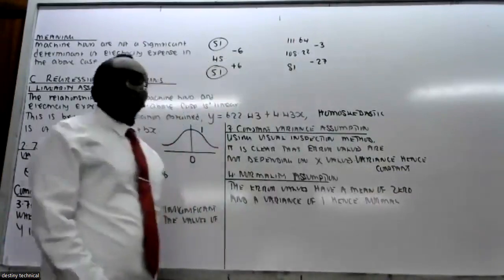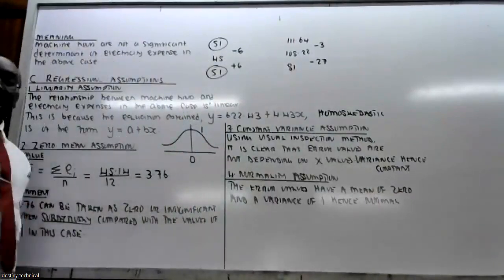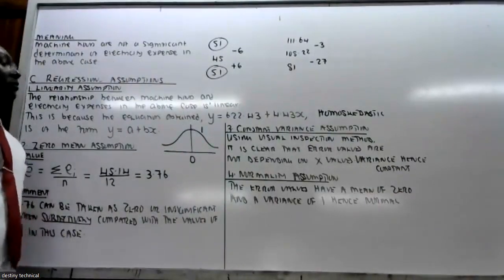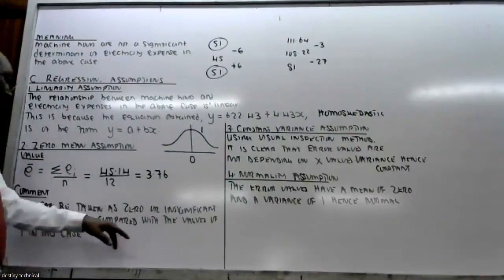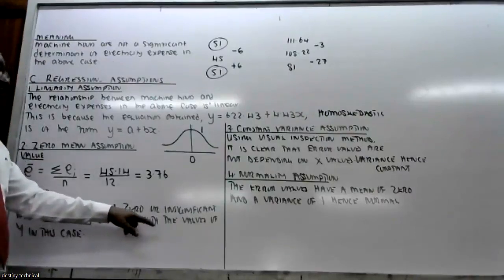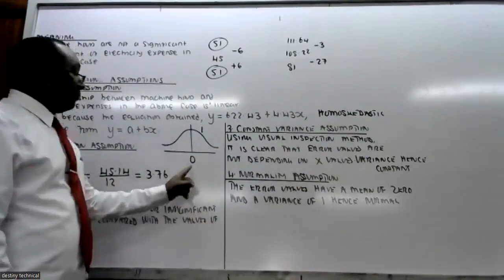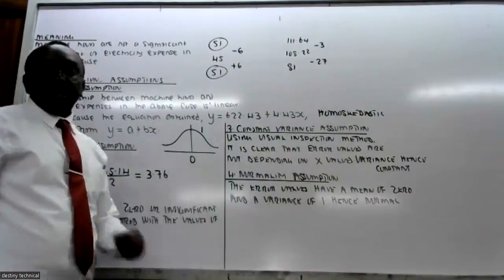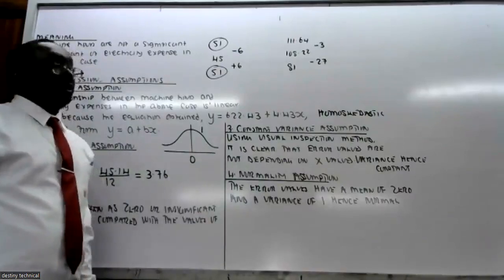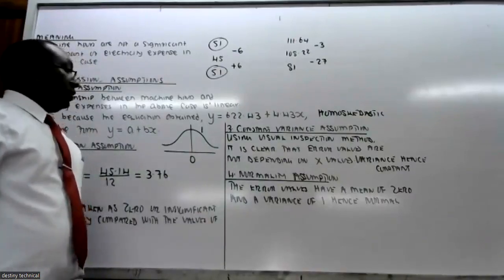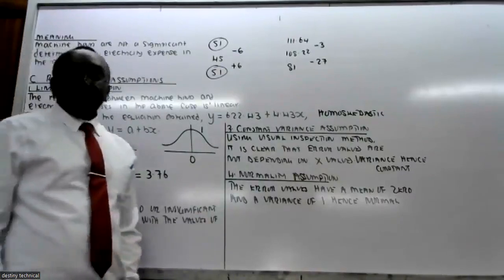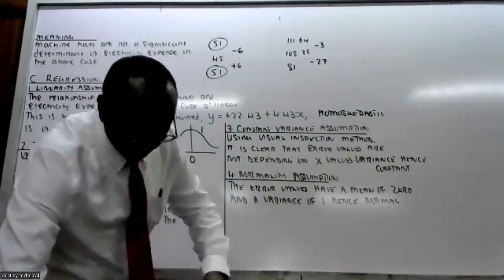When the variance is constant, we normally say it is equal to 1. It's not changing. And because we said this can be taken as 0, and this one is constant, that satisfies the characteristics of a normal probability distribution. So we got that our error terms follow a normal probability distribution.